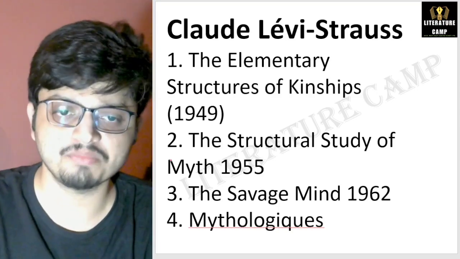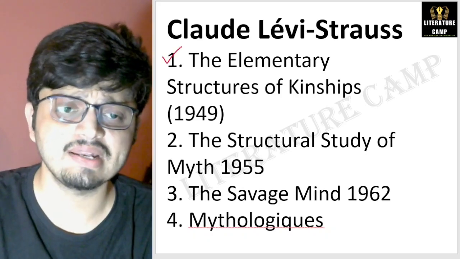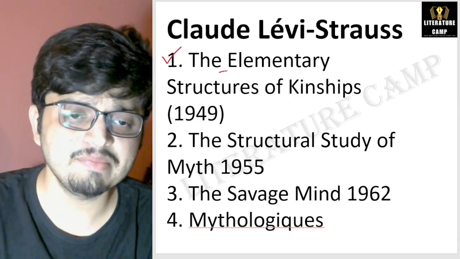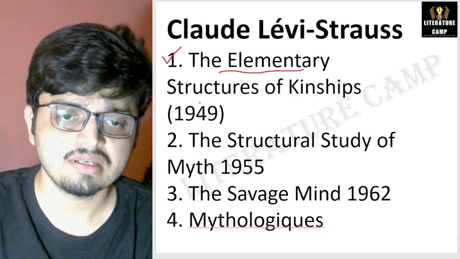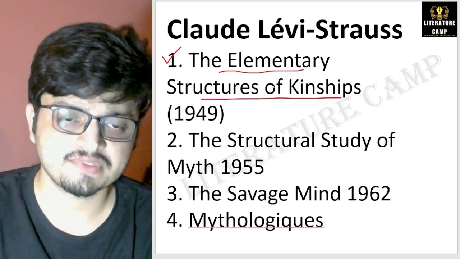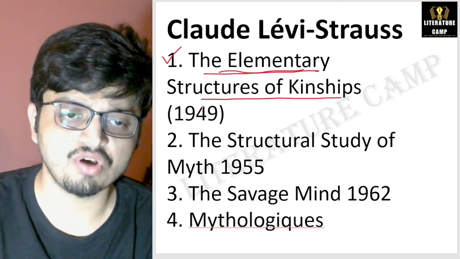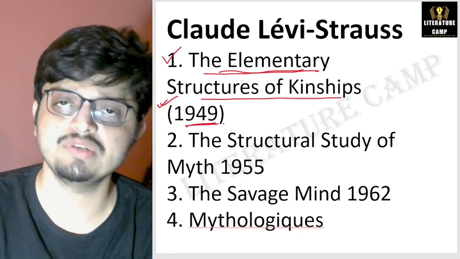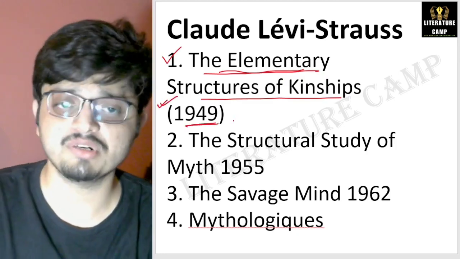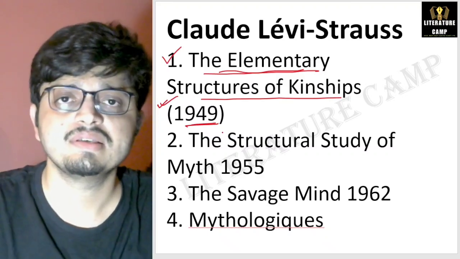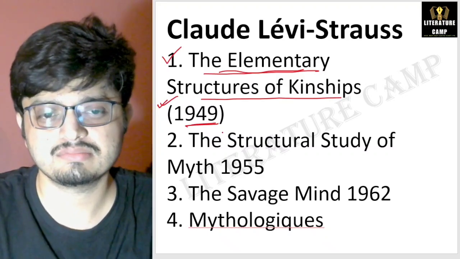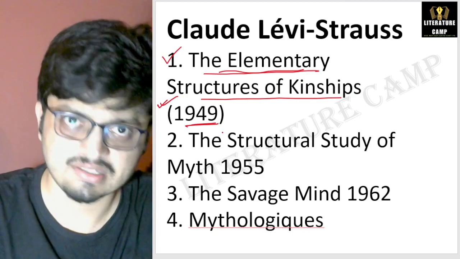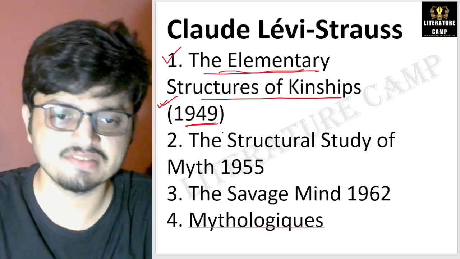We need to make a note of this. Number one is Elementary Structures of Kinship, published in 1949. This is something we need to remember. This is a very important work, and he is a very significant person in this field of structuralism.